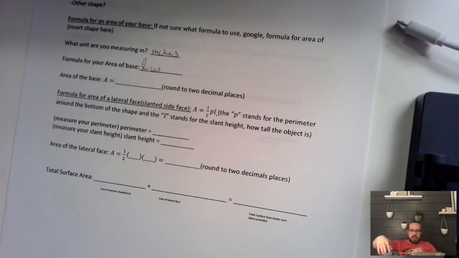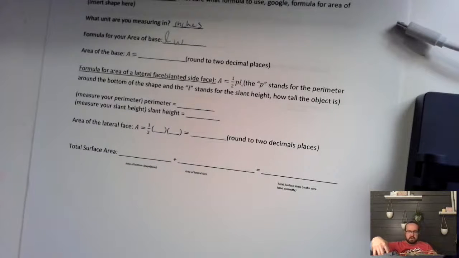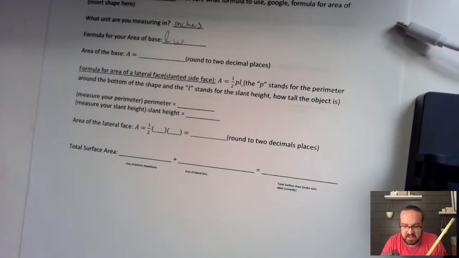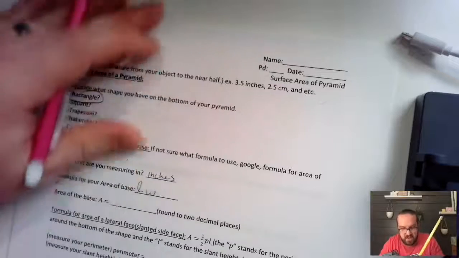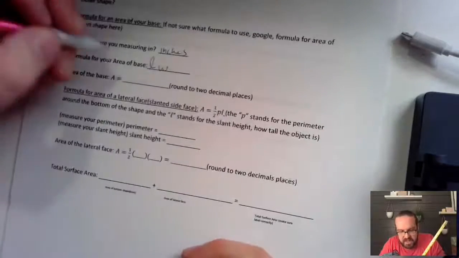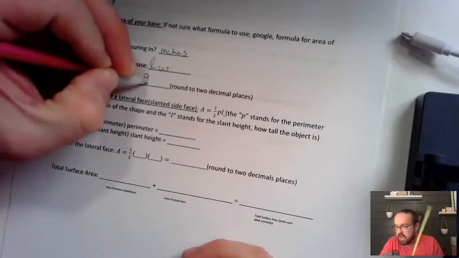Looks like one way is 9 inches and the other way is 9.5 inches. This is a pretty inexact science, but I'm just rounding to the nearest half inch. So the area of the base is just 9 times 9.5.